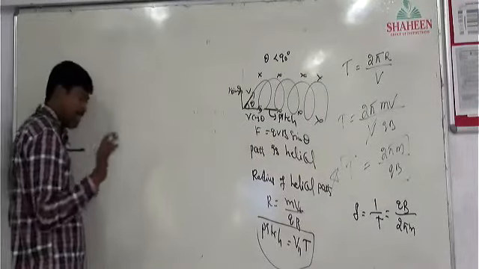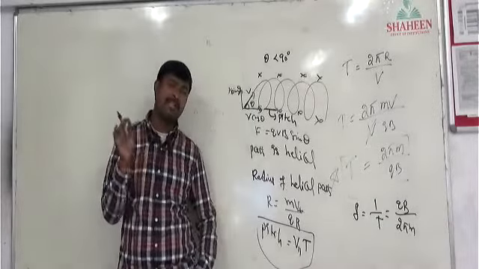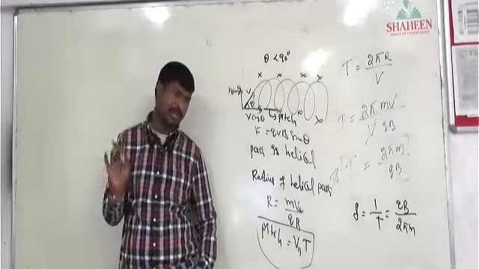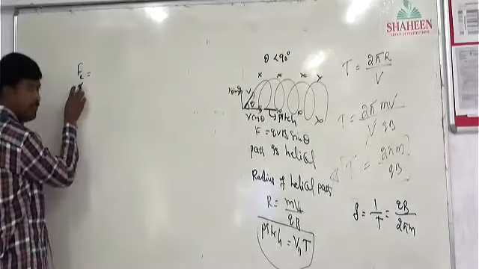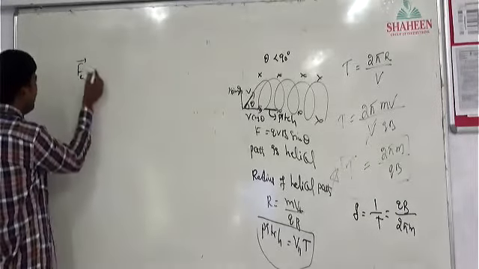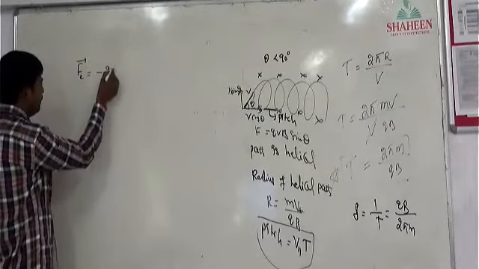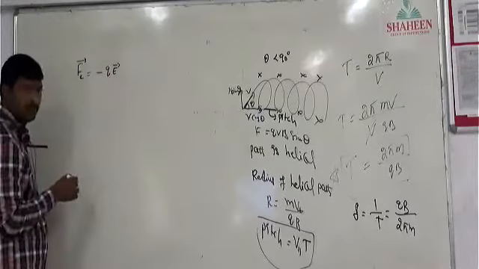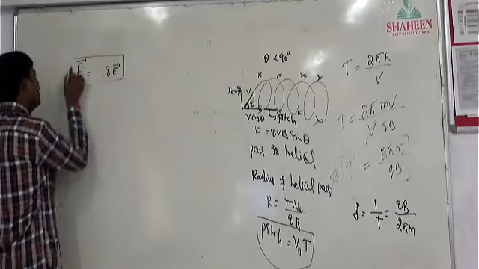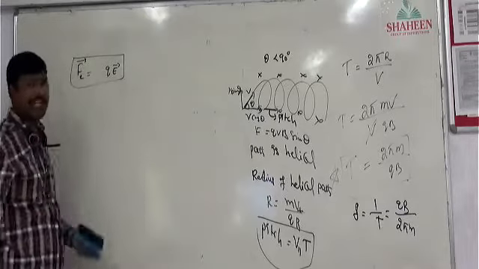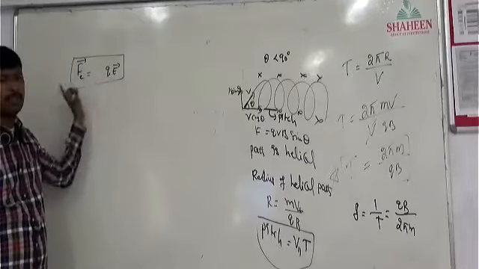But remember, an electric field exerts force on a charged particle always in the direction of the electric field or opposite to it. The electrostatic force Fe bar is equal to qE only. That means the force is always along the direction of the electric field if the charge is positive, and opposite to the direction of the electric field if the charge is negative.